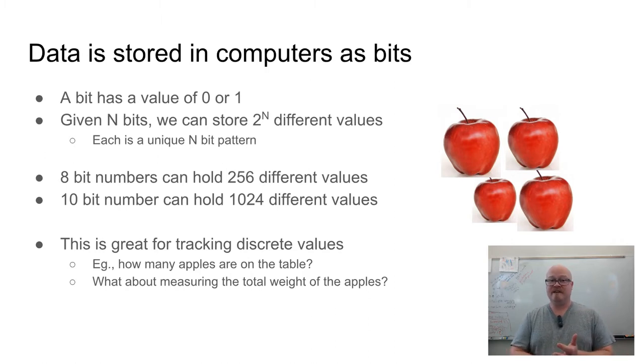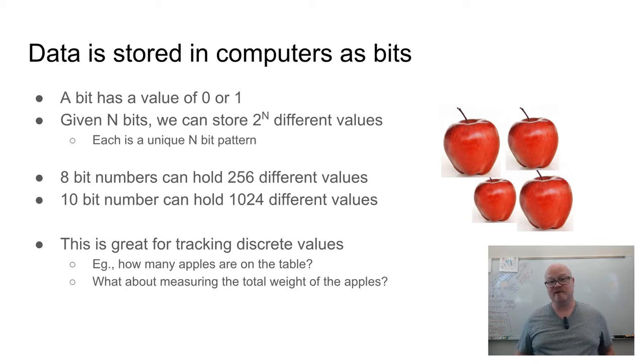So with 8-bit numbers, we can hold 2 to the 8th, which is 256 different values. And with a 10-bit number, just as another example, we can hold 1,024 different values. Right? And those would be represented by the bit patterns starting with all zeros, going up to all ones, and everything in between. Now this is excellent if we want to track discrete values.